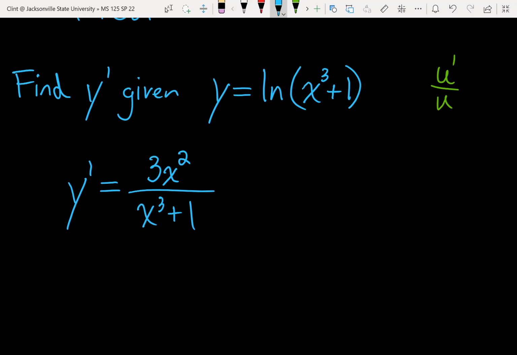Something that's maybe a little uncomfortable is that when we take the derivative of something with a logarithm, we don't have a logarithm in our derivative anymore. The ln just goes away. That's okay. Maybe feels a little weird.